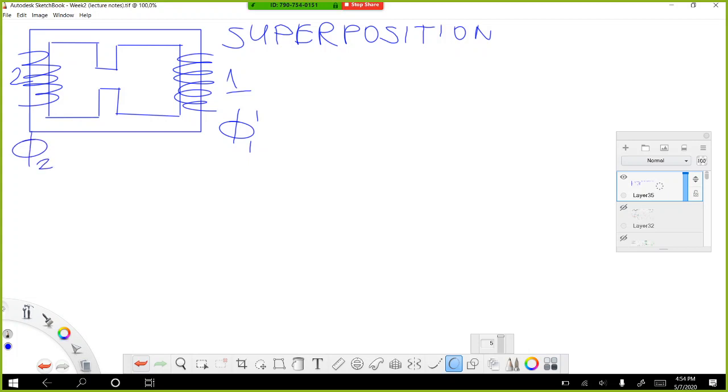Flux linking the second coil we denote as phi2 prime. We want to calculate phi1 prime. Phi1 prime is equal to phi1 minus phi2 star. Now we want to compute phi2 star.